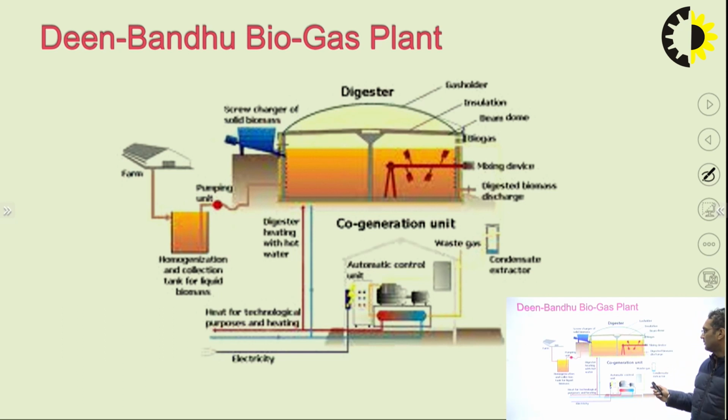In the Deenbandhu biogas plant, the biogas is formed in this area, and the cogeneration unit is attached here with an automatic control unit for its controlling, and the slurry is fed into the digester through this, okay.